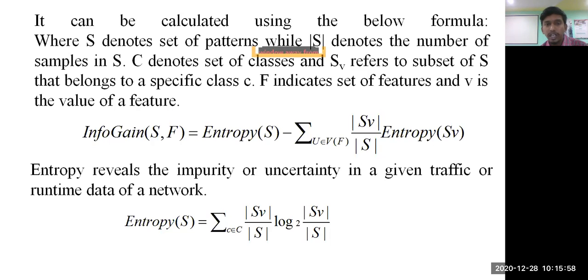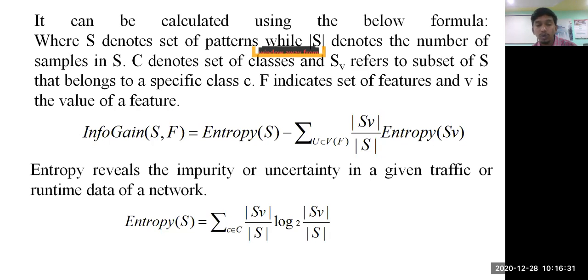Okay, so as we said in the previous steps, S indicates the number of samples in the given data set, C denotes the number of classes, and |Sv| or Sv refers to a subset of S that belongs to a specific class C. And F, in information gain, indicates features, and V indicates the value of a given feature. Everybody should note these two important metrics, which are very important in a decision tree.